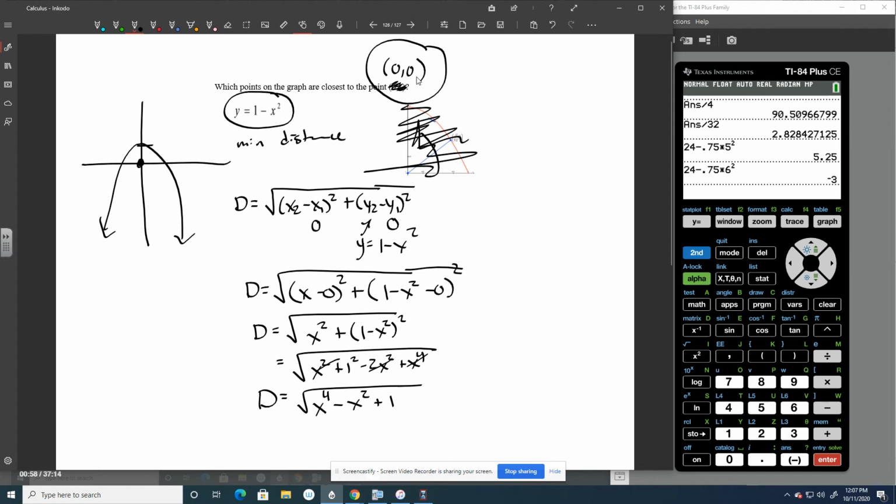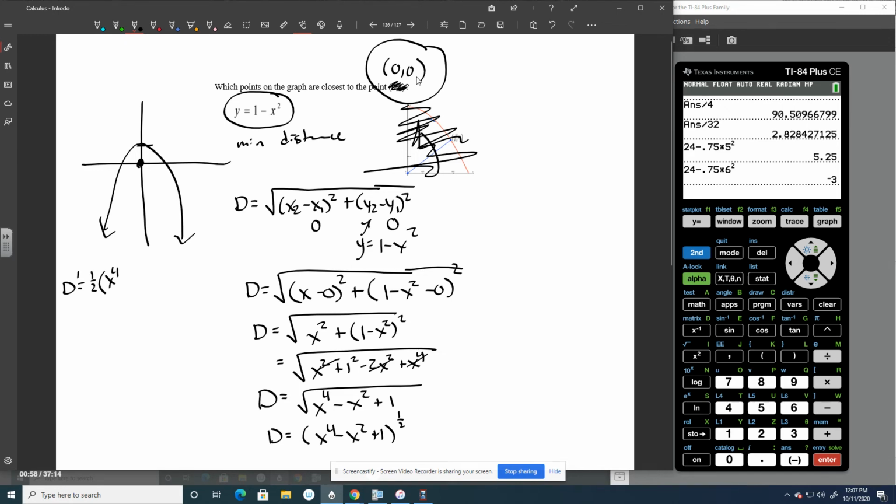Now that's what I'm trying to minimize. So I've got to take the derivative of that formula. Okay, so d prime. First thing that I'm going to do before I take the derivative, let's rewrite this. x to the fourth minus x squared plus 1, raised to the half. So when I take the derivative, that 1/2 comes in front.